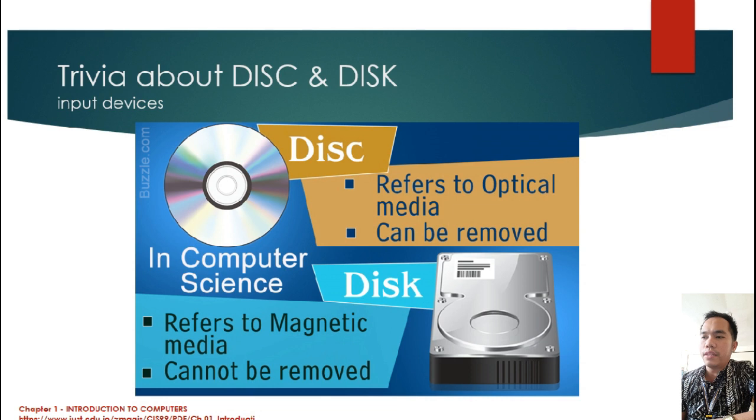If this is not removable or magnetic media cannot be removed, so the spelling is DISK. So, just a trivia. In computer science, at least alam na natin kung ano yung kaibahan ng disk at disc when it comes sa spelling. So much for that. Let's proceed.